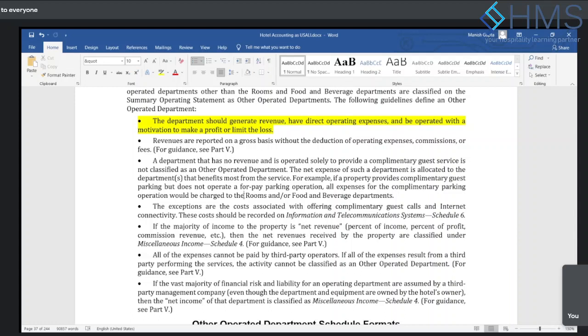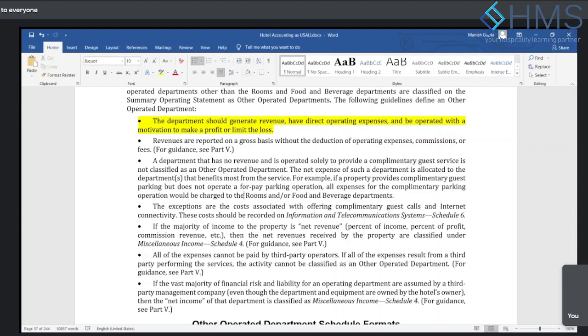So those are complementary services to the guest, right? In that case, again, these costs will be charged to the rooms department, not as a revenue center. So you have to really understand the objective of the department that is asking for a separate P&L.